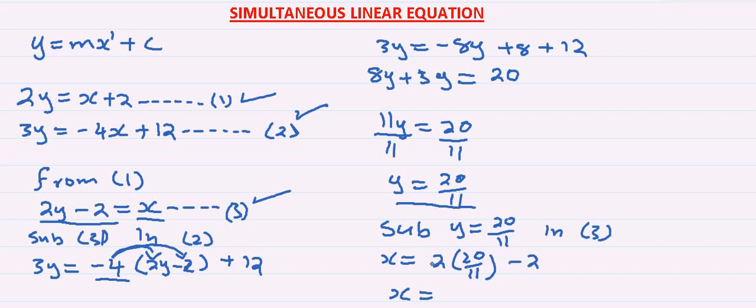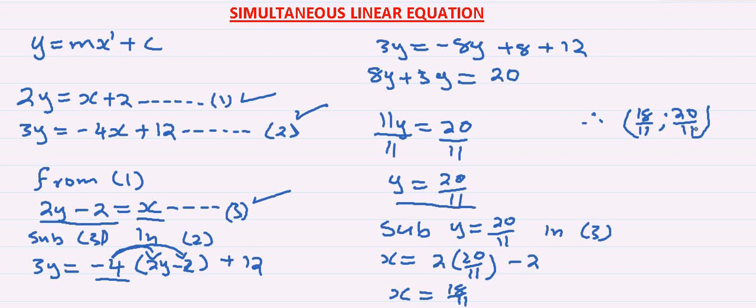Then you're going to get 2 times 20, it's 40. 40 over 11 minus 2, you're going to get 18 over 11. So therefore it means the two functions will intersect at 18 over 11 and 20 over 11. That's where our two functions will intersect.